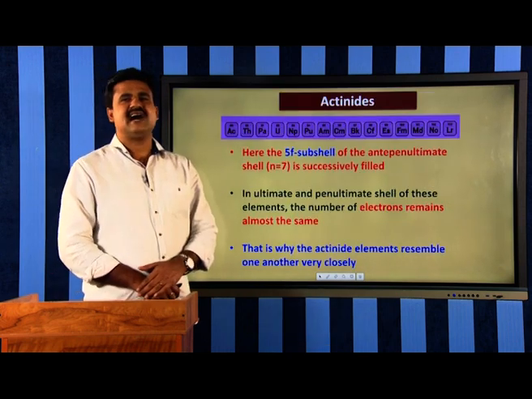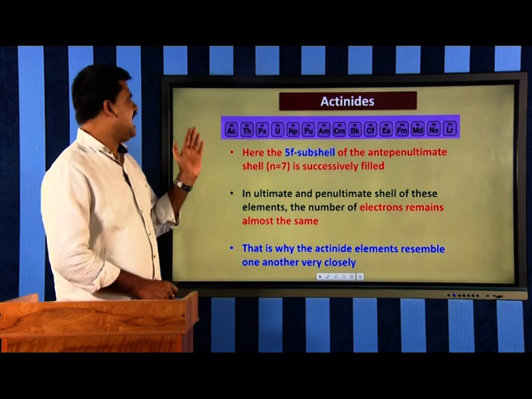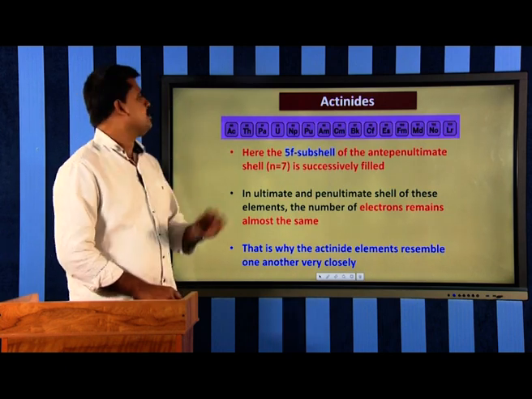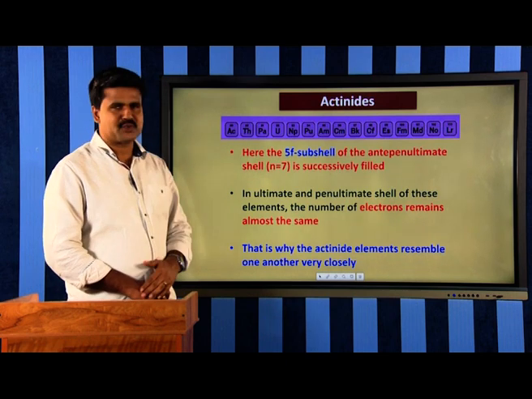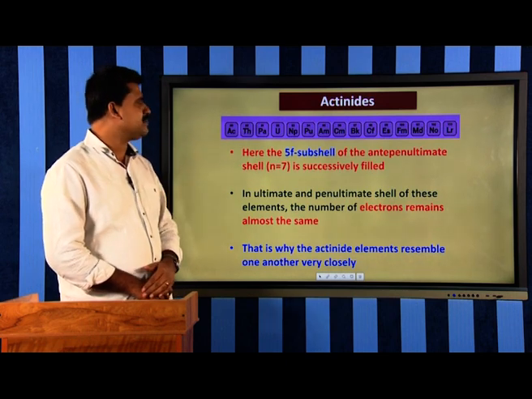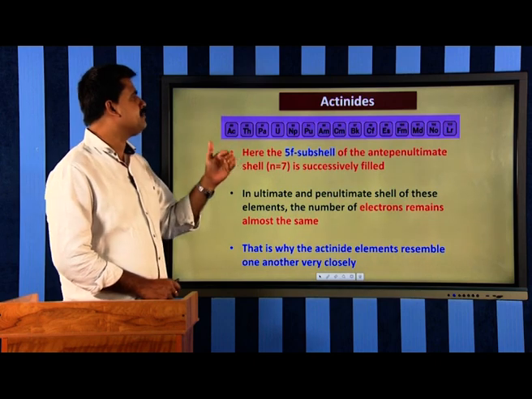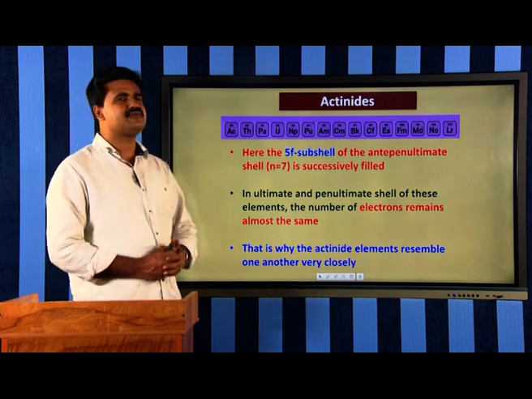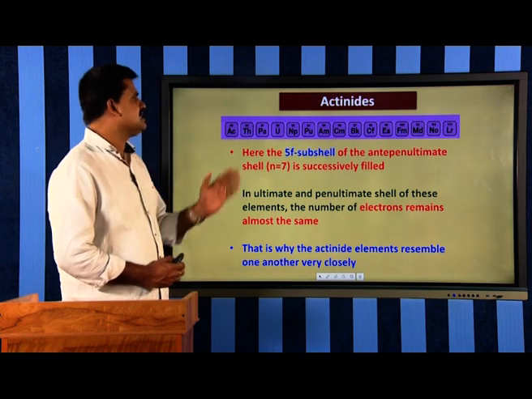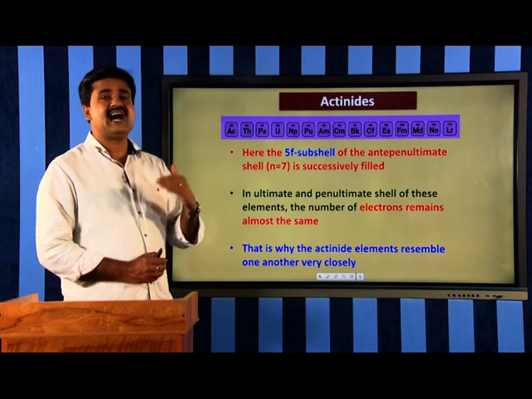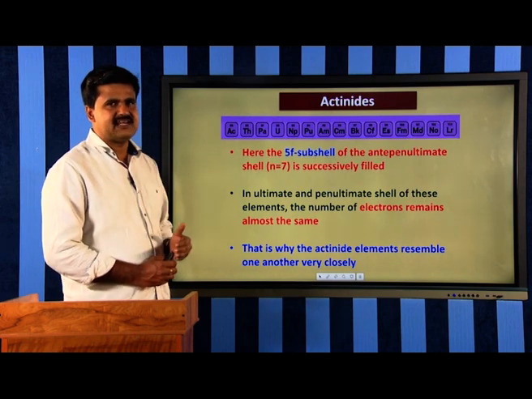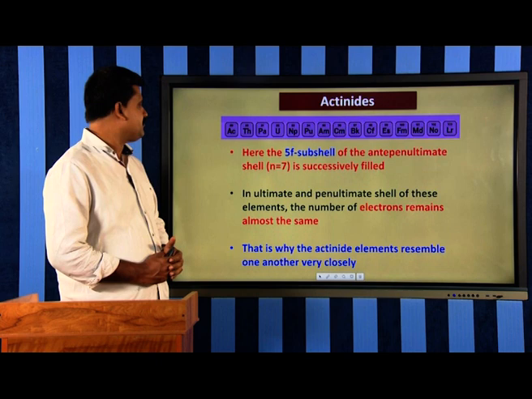These are the actinide elements: actinium, after that the first actinide thorium, protactinium, uranium, neptunium, plutonium, americium, curium, berkelium, californium, einsteinium, fermium, mendelevium, nobelium and lawrencium. In the case of actinide elements, the 5f subshell of the antepenultimate shell, that is n equal to 7, is successively filled.